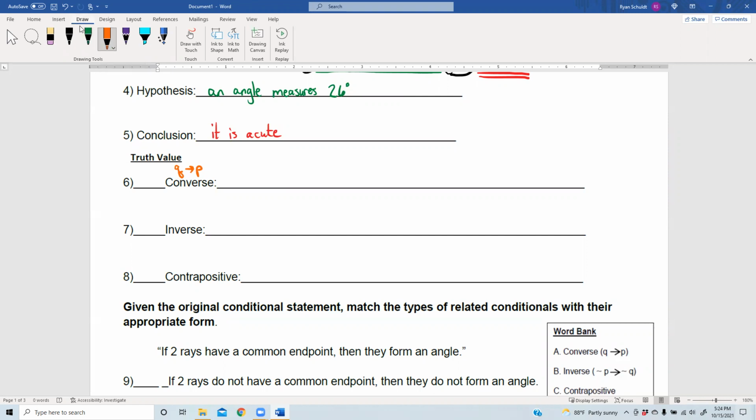So let's see here. For the converse, if, remember we got to start with if, an angle is our noun, then we need our acute. If an angle is acute, then it measures 26 degrees.